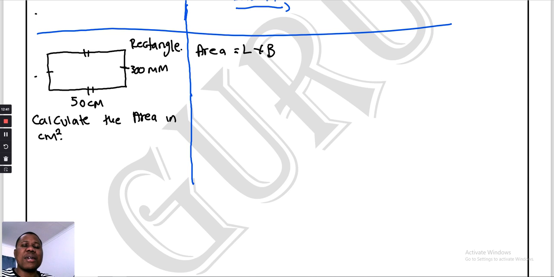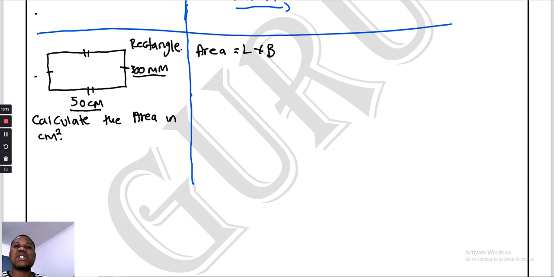If you check here, your length is given in centimeters and your breadth is given in millimeters. Now you must go with the equation. Remember, the units must be the same. You cannot multiply centimeters by millimeters. If you work with centimeters, you must have centimeters in your dimensions. If you work with millimeters, you must have millimeters in your dimensions.